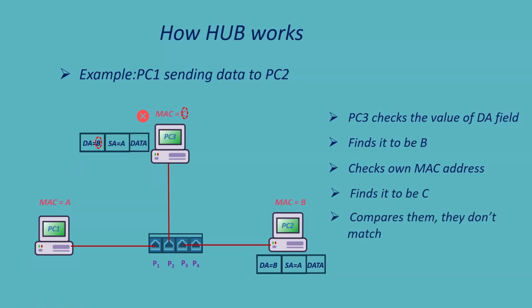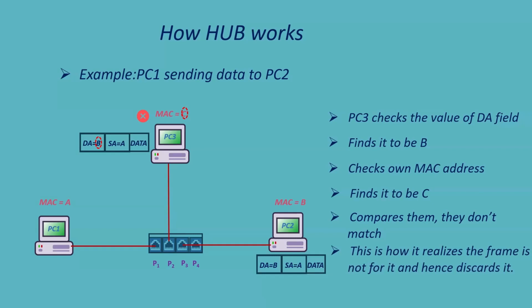It tries to compare, but they do not match. That means PC3 knows this frame was not sent for me. It is not intended for me. So it will simply drop, reject, or discard it.